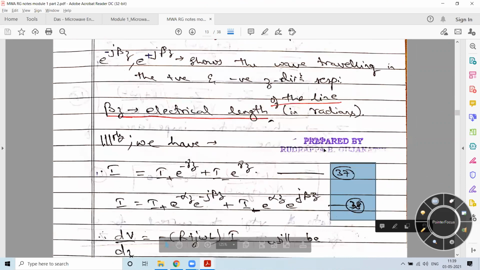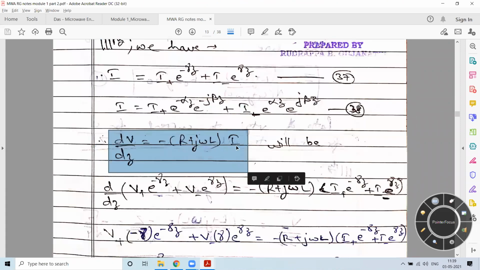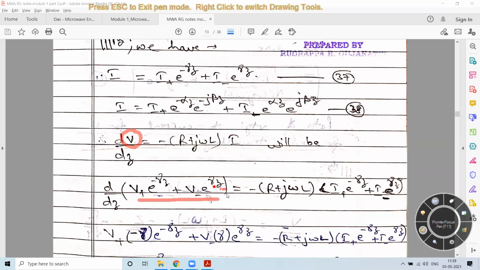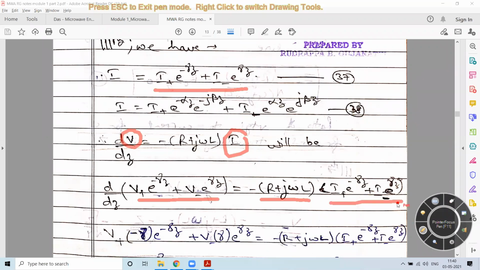Now we substitute those parameters in the first equation, dV by dz is equal to minus of R plus j omega L into I. When we substitute V, we get the differentiation of V plus e raised to minus gamma z plus V minus e raised to gamma z, which is equal to minus of R plus j omega L, and I is replaced with its equation, I plus e raised to minus gamma z plus I minus e raised to gamma z.